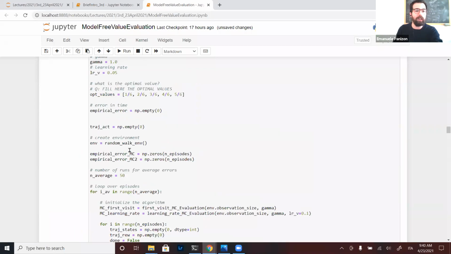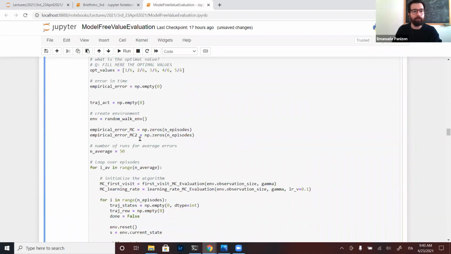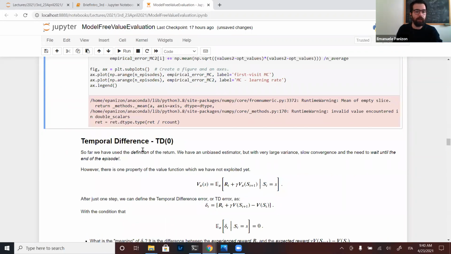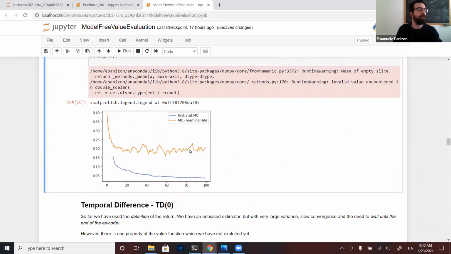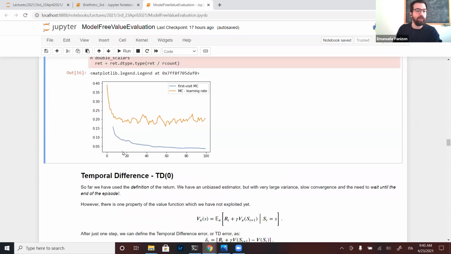Okay, and you can clearly see that, for example, if I have a much larger learning rate, then I will have even worse performance, because I'm trying to change my value much faster.